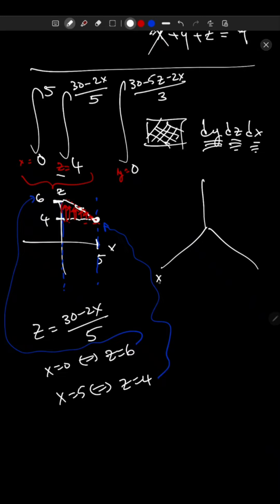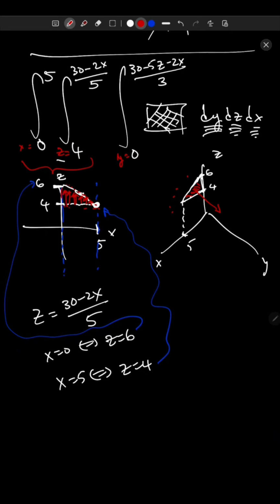Now we know our entire region in x, y, z: if 6 is here, 4 is there, and 5 is there, we're only going to be integrating dy's in this direction, parallel to the y-axis, and only above this shadow region. Everywhere outside, we're not going to have a dy integral.